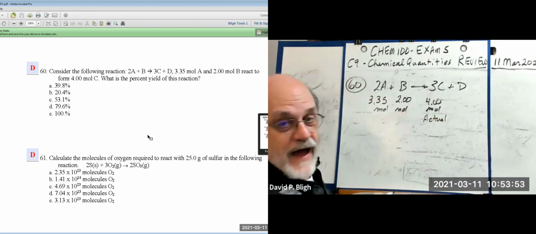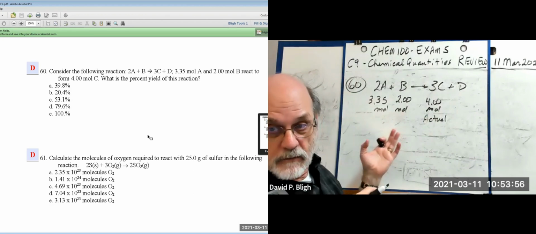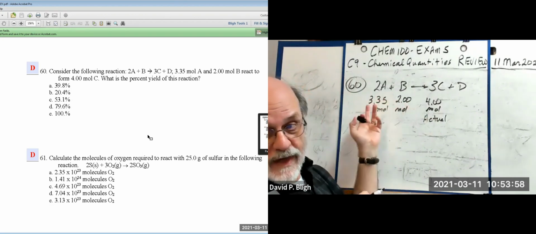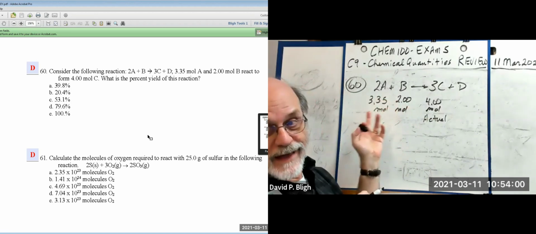All right, so we have to find the limiting one, right? We've got amounts of both A and B. One of them's going to run out.